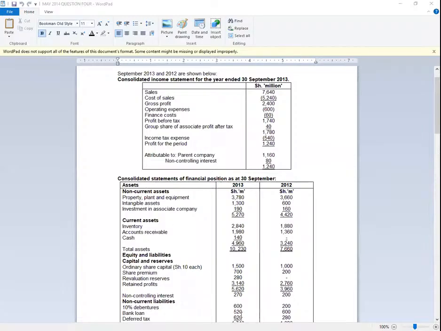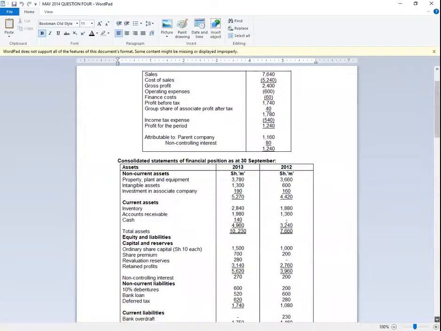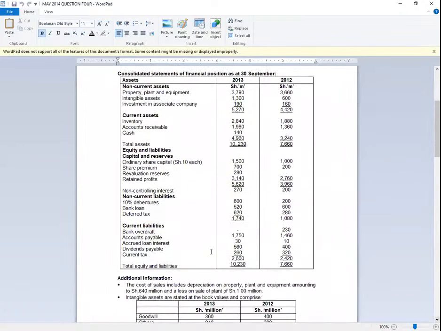For example, deferred tax. What do we do? I'll take the deferred tax difference: 280 minus 620, plus the current tax difference. The current tax difference, what do we have here?